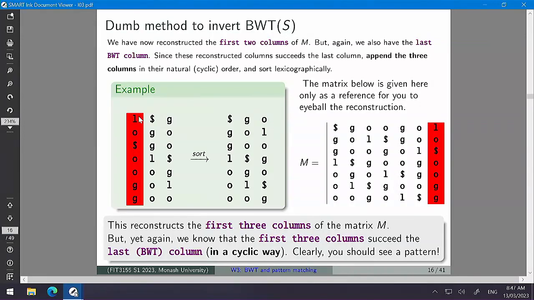You essentially have n rows and 3 columns, because you have taken the first 2 that you had sorted previously, and then added the Burrows-Wheeler column as the first column to those 2. Then you sort it, and you get 3 columns. Does that answer the question at all? If it doesn't, you can ask a question later on and I'll come back to it.